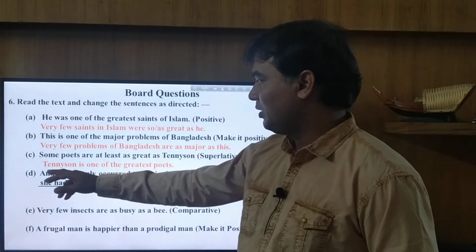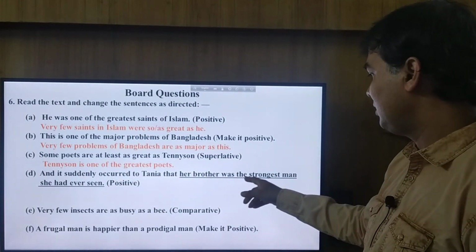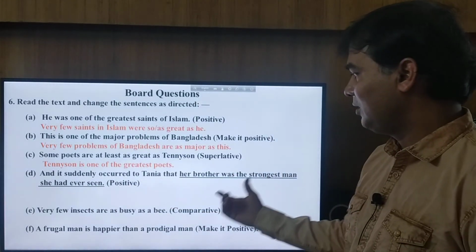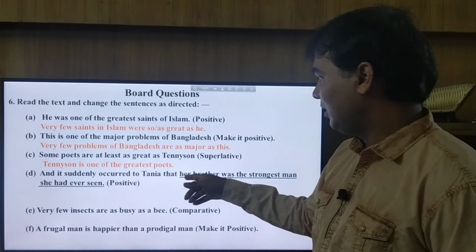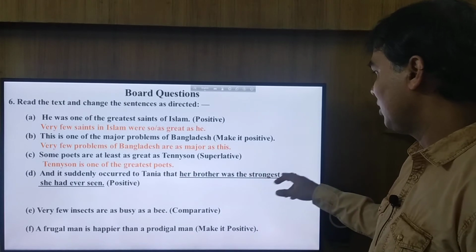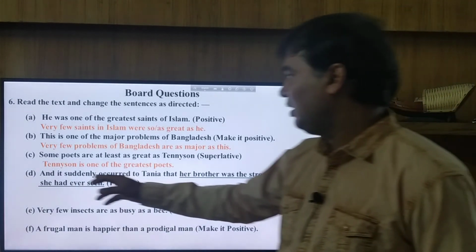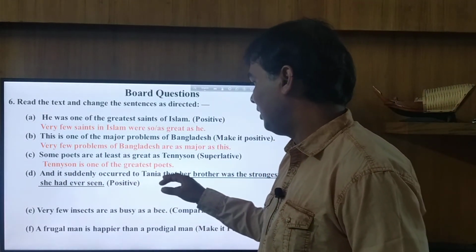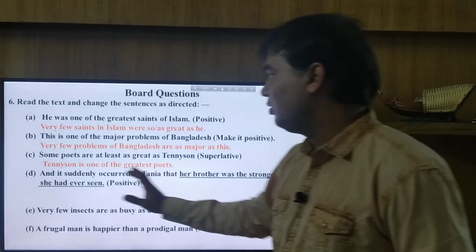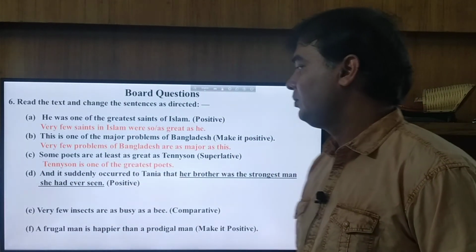Now question number D: And it suddenly occurred to Tanya that her brother was the strongest man she had ever seen. This is a long sentence, and here the underlined words are, her brother was the strongest man she had ever seen. In fact, this is the principal clause, and it suddenly occurred to Tanya that is the additional clause. You need not think of this portion. You should write it as it is.